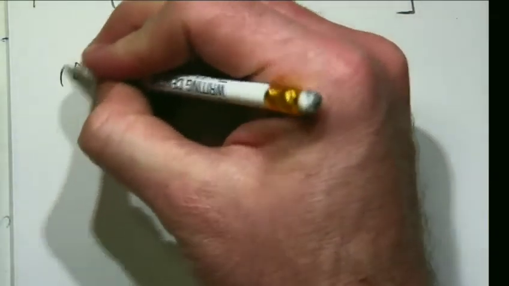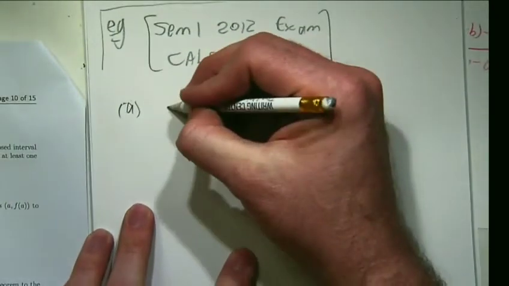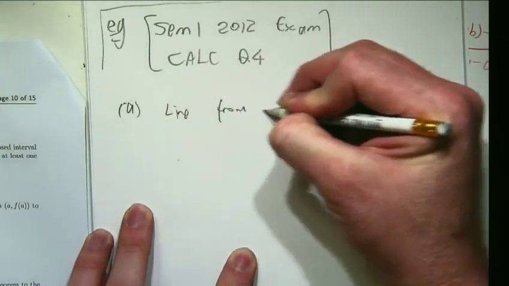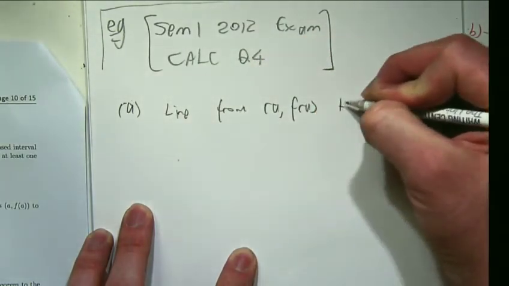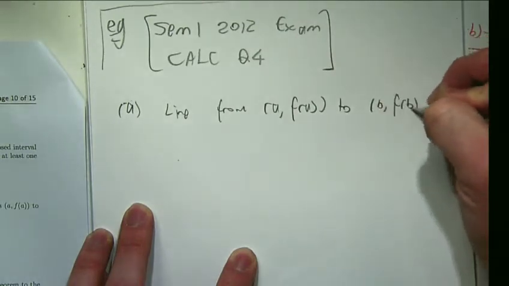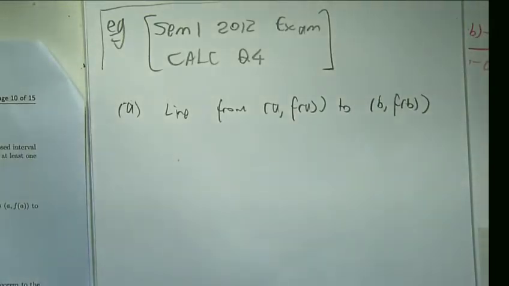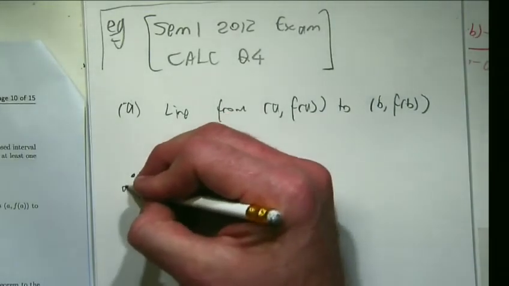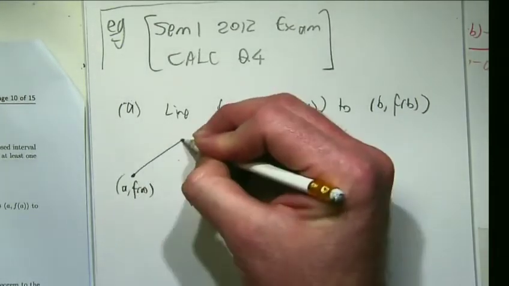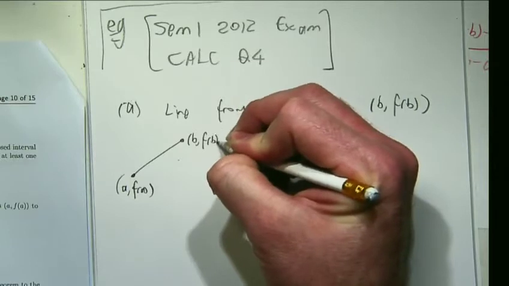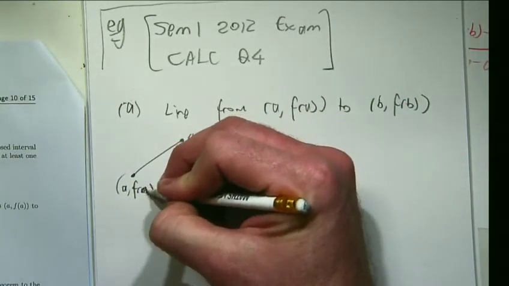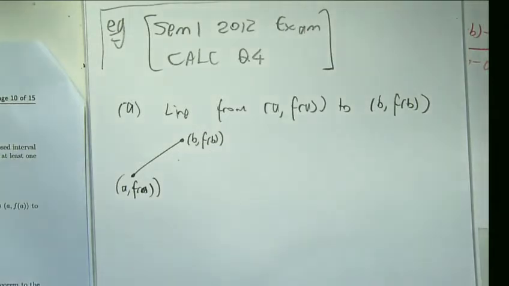So this is part A. The line from a, f of a, to b, f of b, just as a quick picture, we've got that line. Most people would go, well, it's y equals mx plus c for some m and some c, and then you figure it out.